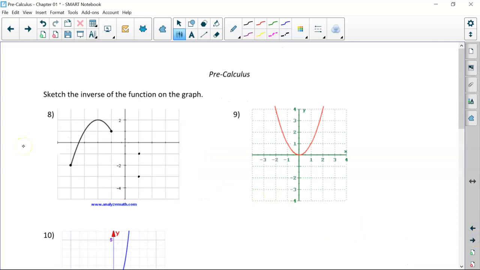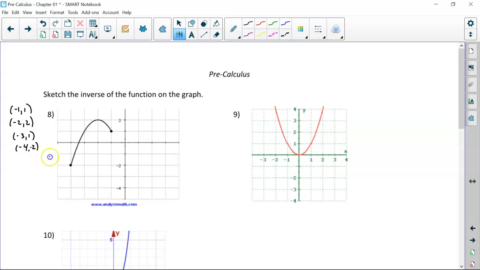I'm going to sketch the inverse of the functions. So what we want to do is find out the points that are on the original graph. So the points on there are going to be -1, 1, -2, 2, -3, 1, and -4, -2.